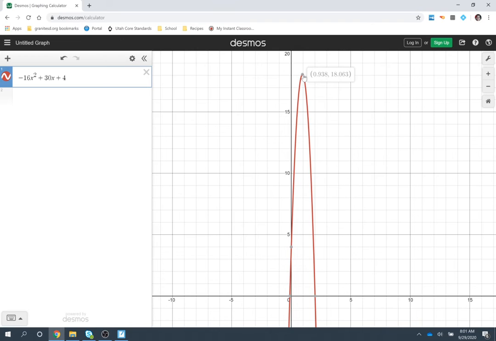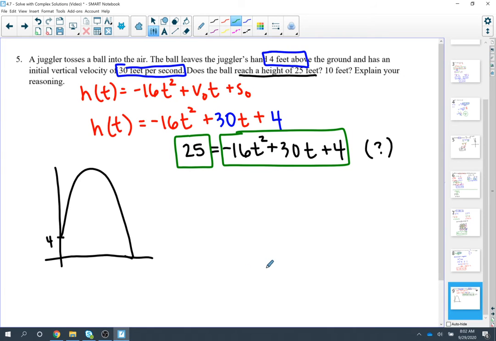No. The highest it ever gets is 18.063 feet, so roughly 18 feet. And it does that if you look at your vertex at 0.938. So our vertex is 0.938, comma 18.063. So I'm going to come back. Does it ever reach a height of 25 feet?